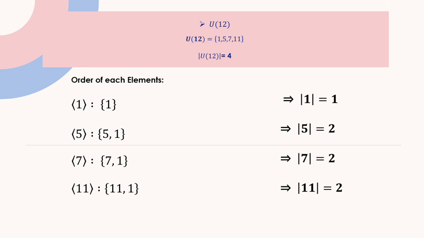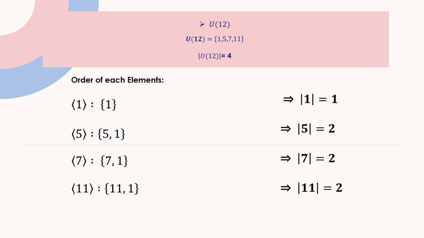Therefore, the order of number 1 mod 12 is equal to 1. For number 5, the elements under number 5 mod 12 are 5 and 1. Therefore, the order of number 5 mod 12 is equal to 2.